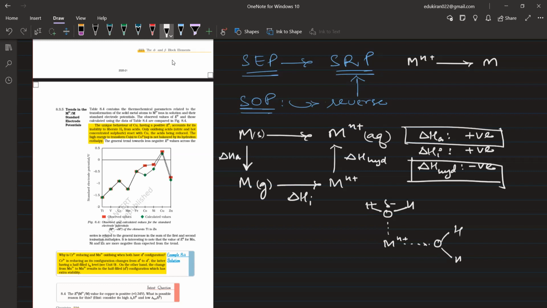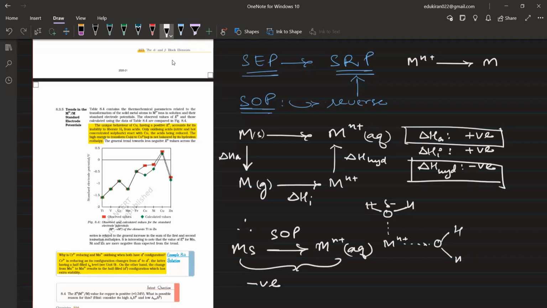And therefore, for M solid to Mn plus aqueous, the enthalpy is generally negative. That means SOP will be positive. Please remember, generally speaking, when delta H is negative, standard oxidation potential will be positive.